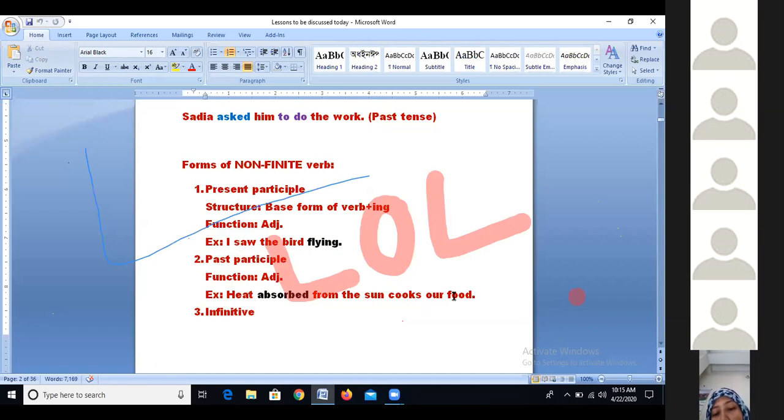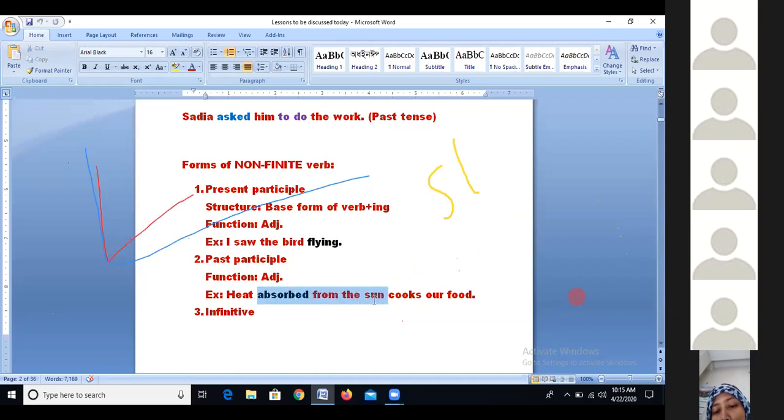Heat cooks our food. These very portions are sufficient to give a meaning. But then how does this very part help us?